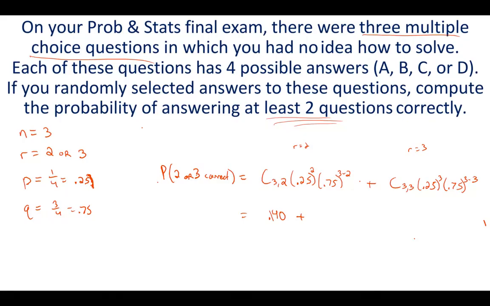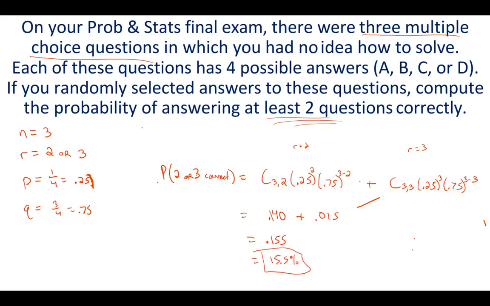But when we do that, we get 0.015 approximately. So add those together, and we get about 0.155. Or we could say about 15.5% chance. So actually not great. Not great odds of getting 2 or 3 of those correct.